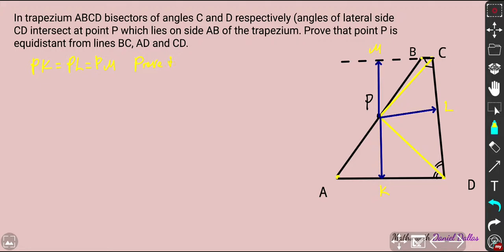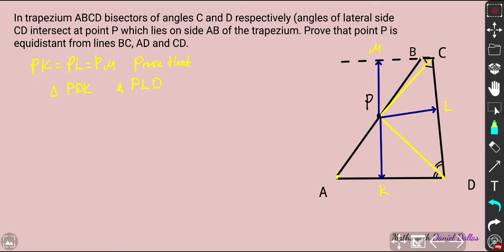So which property can we use? Let's have a look, for simplicity, at triangle PDK and the second triangle PLD. Remember before, at the very beginning, we discussed that if PD is a bisector, it bisects the angle D, so that means two triangles should be the same.